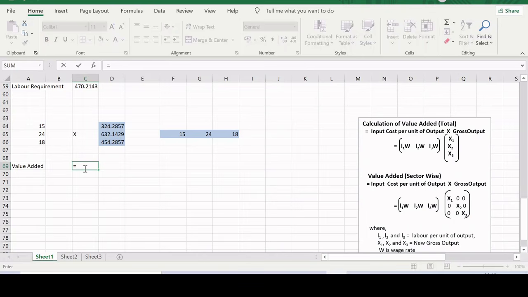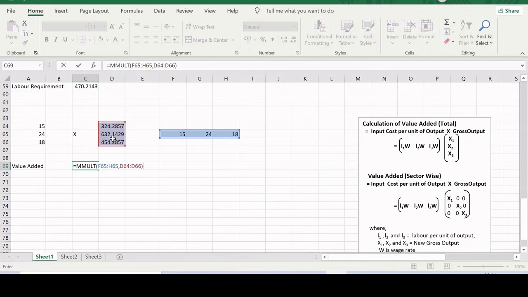And after that, use the function for matrix multiplication, that is the MMULT function. Here array 1 is the labor cost per unit of output matrix, comma, the second matrix is the output matrix.